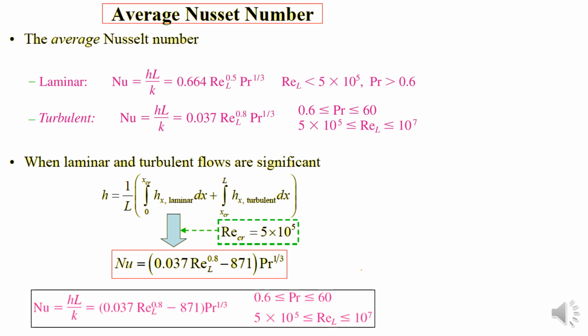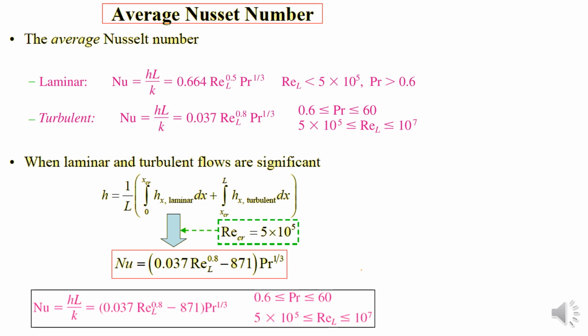Average Nusselt number: we already know the local Nusselt number, so we should also know the average Nusselt number throughout the flat plate. You can see here the Nusselt number is equal to HL over k, where L is the overall length of the flat plate. The value is slightly different between the local and average Nusselt number, and we still have the same ranges of Reynolds number and Prandtl number for laminar and turbulent flow.